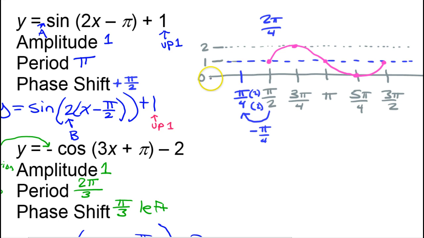Alright, so that tells me I need to put one more mark down. So if I subtract another pi over 4, pi over 4 minus pi over 4 is 0. So that tells me that the y-axis is actually going to be right here, because this is 0.